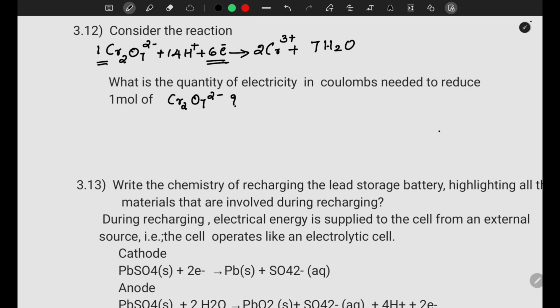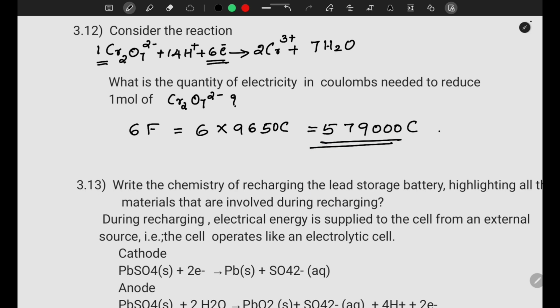That is, the charge of 6 moles of electrons is 6 Faraday. That is in coulomb 6 into 96,500 coulomb, which is equal to 5,79,000 coulomb of electricity required for the reduction to Cr3 plus.